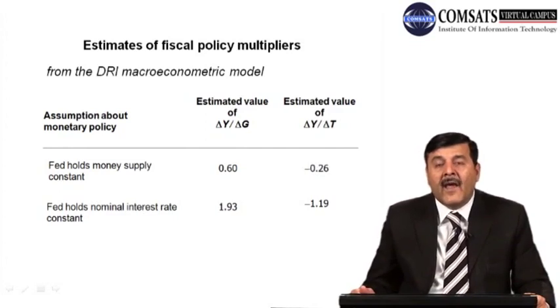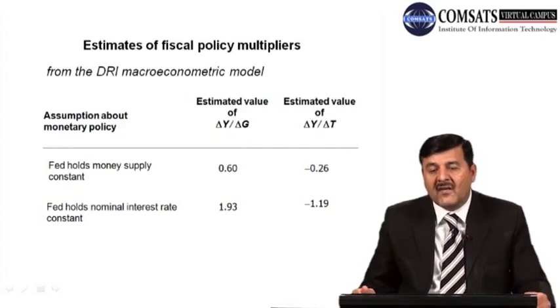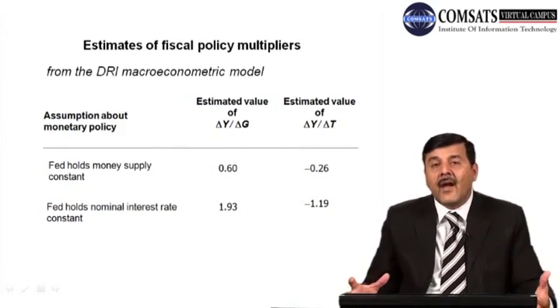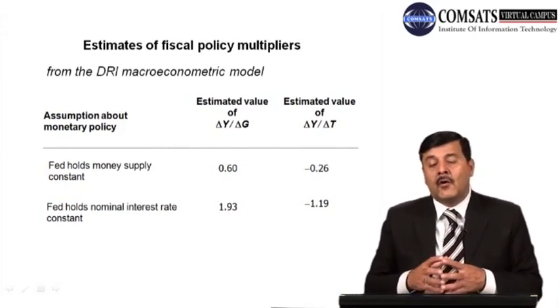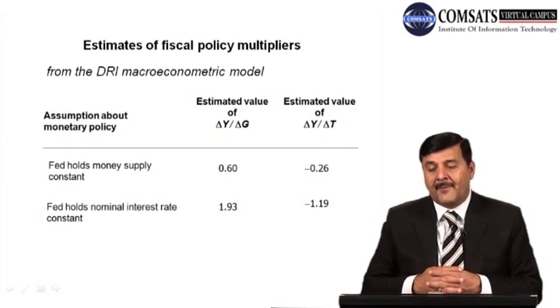If there is a 100 billion increase in money supply with this change in expenditure, there will be a 600 billion change in expenditures. And then the second figure, 1.93, again an estimated value, tells us that when the rate of interest is constant, the effect on the level of income is much more than the change in money supply.